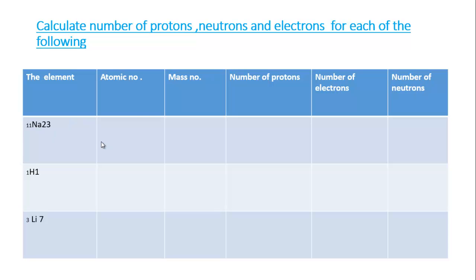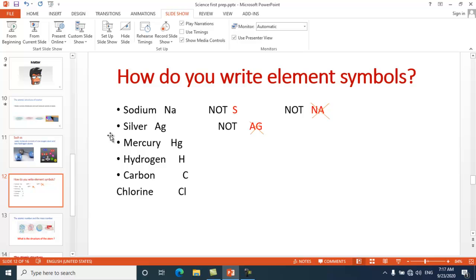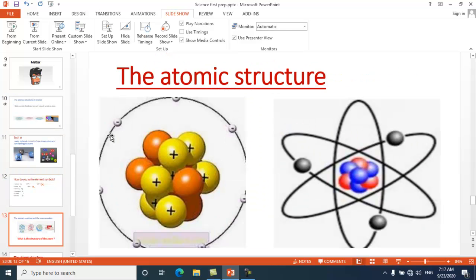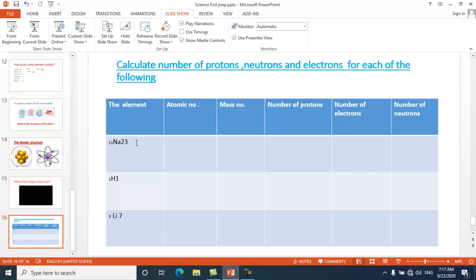So what is the atomic number? Excellent, 11. What about the mass number? The mass number is the number which is written above the element. So the mass number is 23.